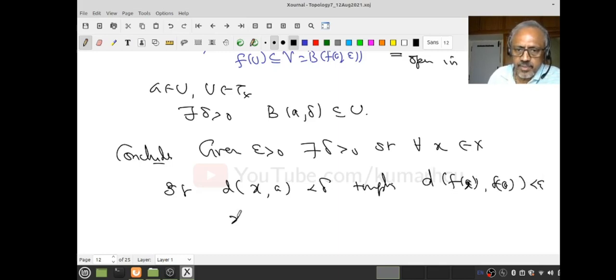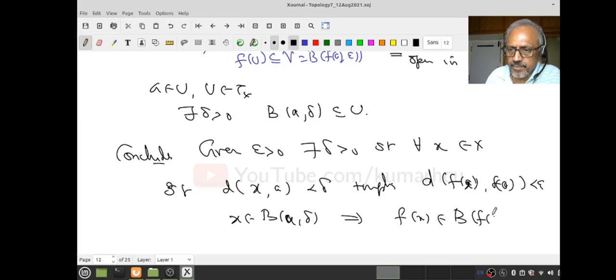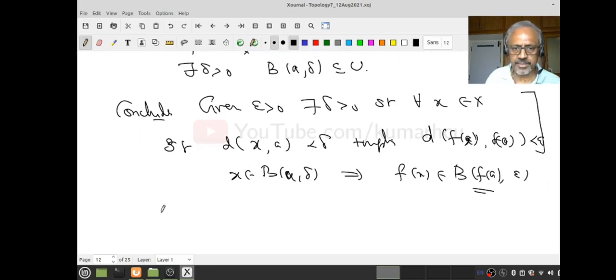That is, if x belongs to B(a, delta), it implies f(x) belongs to B(f(a), epsilon). So you see that this is the usual epsilon delta definition of continuity for metric spaces.